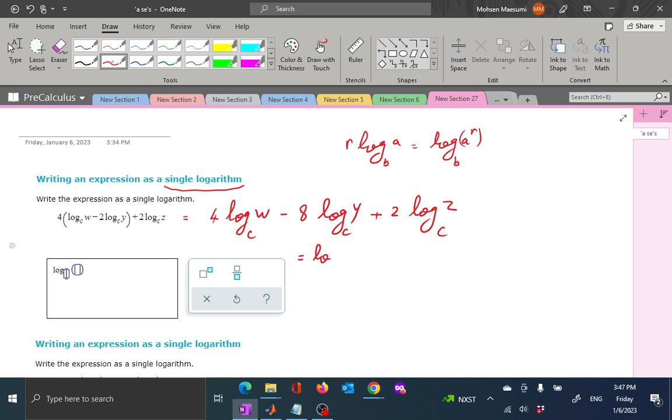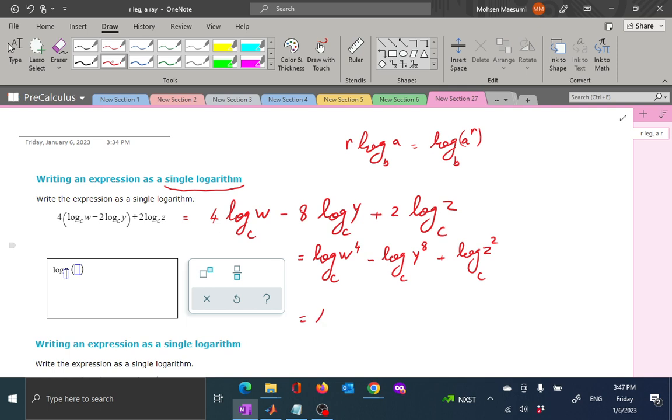So let's go ahead and write this, and then minus logarithm of y to power of 8 in base c, and logarithm of z squared in base c.